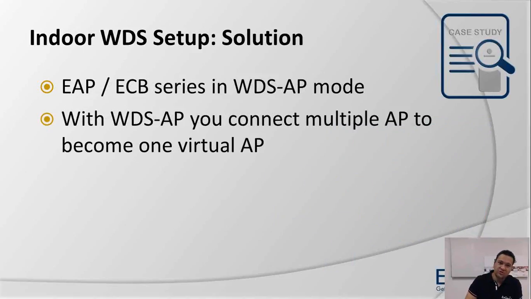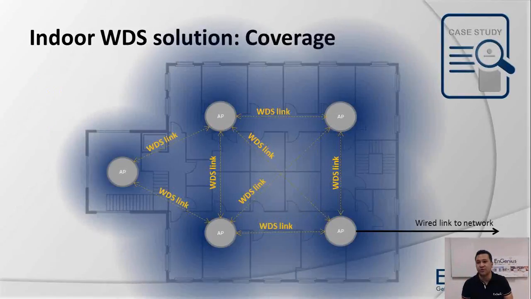So we choose to do a setup based on WDS topology, and with WDS AP you can connect multiple access points to become one virtual access point. The access points are bridged to each other by MAC address, and they will all be connected to each other, and at the end you will see one virtual AP. So here schematically, you see how the network is plotted out.